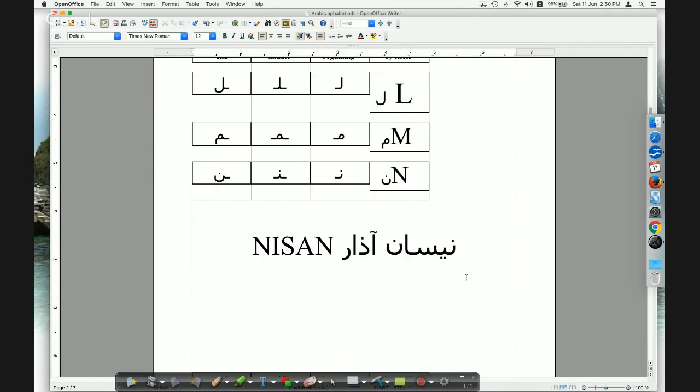So right now, if I type this, Microsoft keeps switching the size of the letters. This is na, and then letter ya, and letter sa, and letter alif, and letter na. One, two, three, four, five. Five letters.